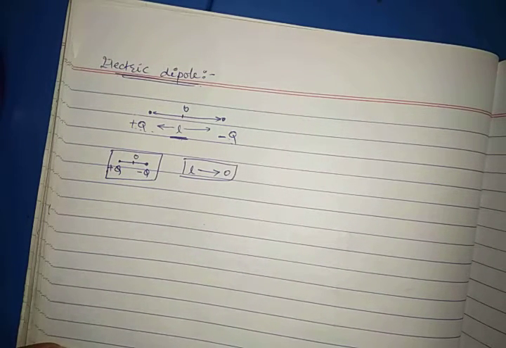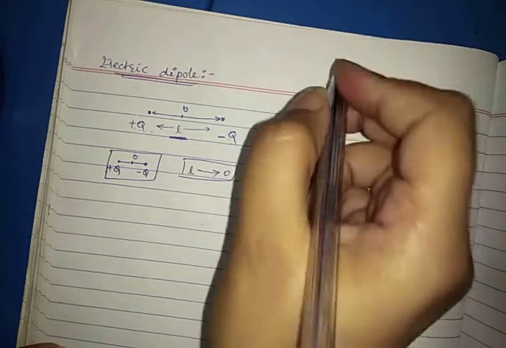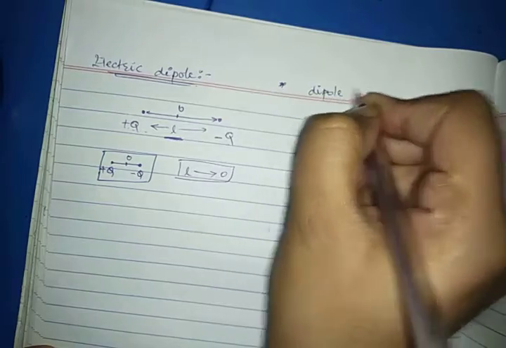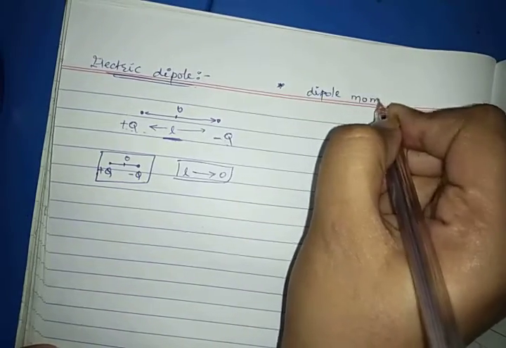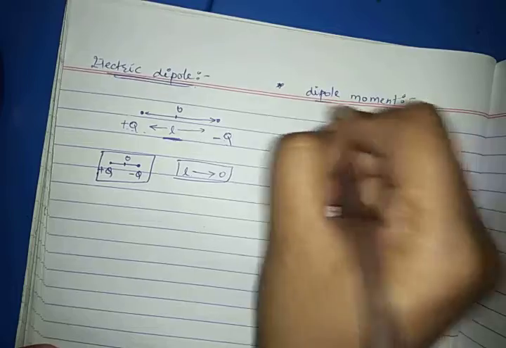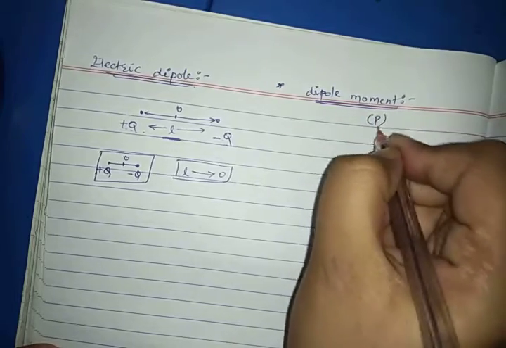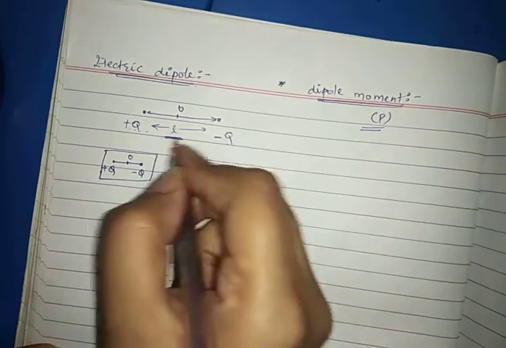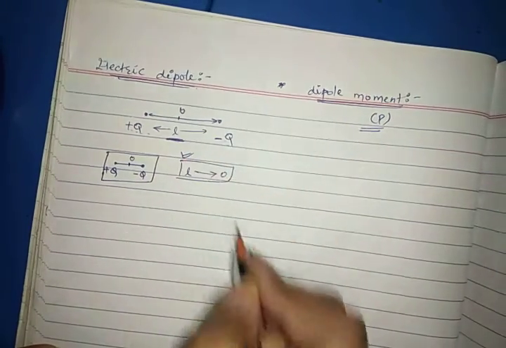To measure the intensity or the strength of the electric dipole, there is a term known as dipole moment. It is represented by P, and generally dipole moment is used to measure the strength of that electric dipole.